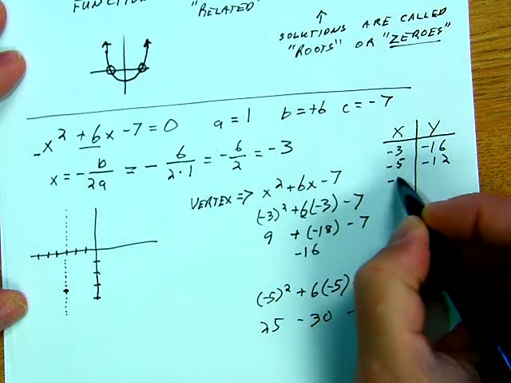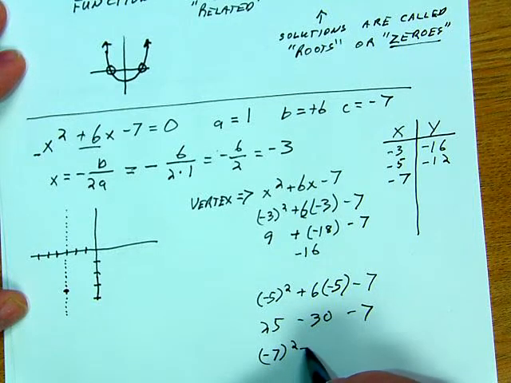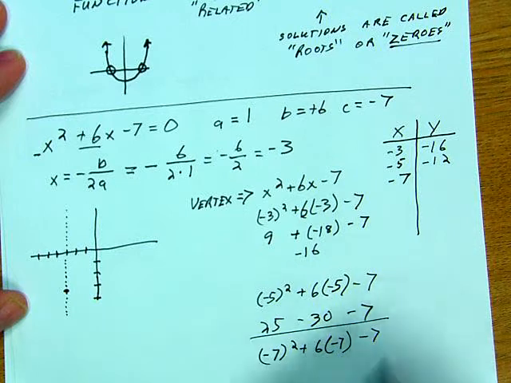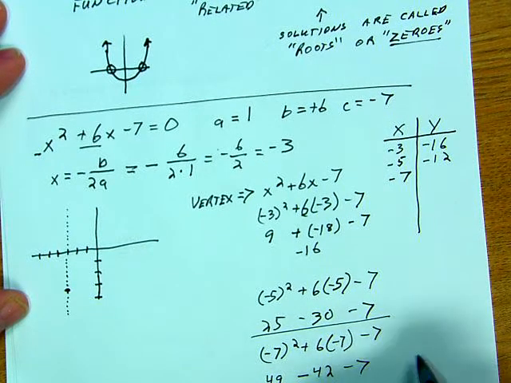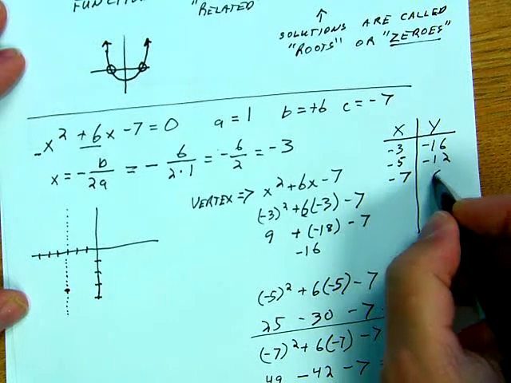I'm going to keep going that way, 2 more, and I get negative 7 squared plus 6 times negative 7 minus 7. Remember, this is the chart I'm drawing. So 49 minus 42 minus 7 equals 0. So there's the 0.